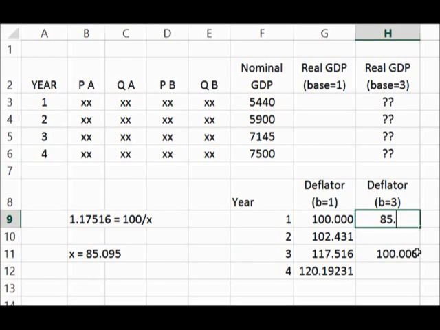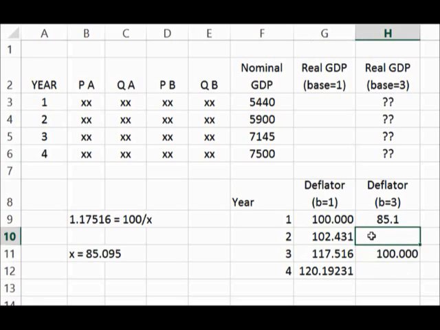And because we calculated it to be this, it is true that the index in year 3 of 100 is about 17.5% larger than the index in year 1. We can use that same sort of logic, that the ratio of this index to this index has to be equal to the ratio of this to this.